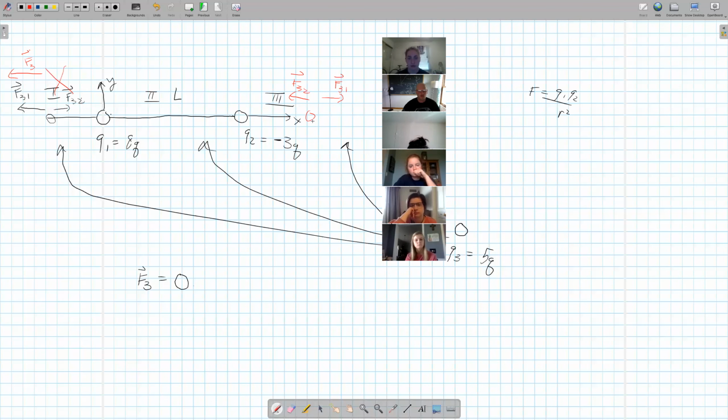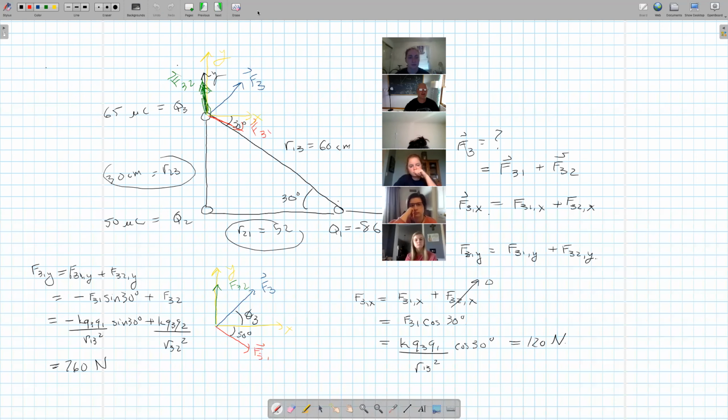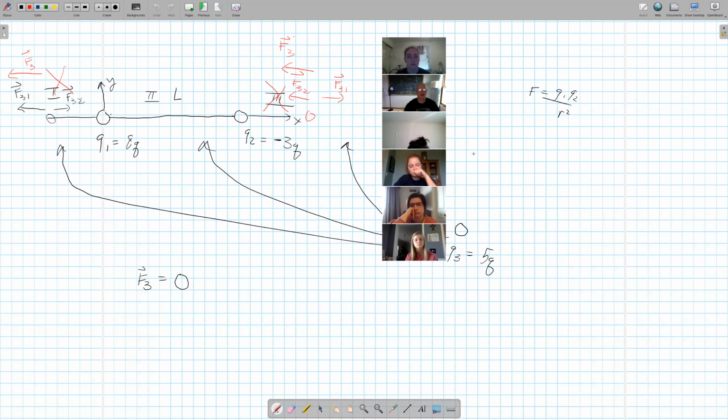So even though the numerator is bigger between these two charges as opposed to these two charges, this distance is so much bigger than this distance that overall that distance is going to be taken into account, which is going to feel an overall force in this direction, which means F3 is going to be pulled in this direction. So ultimately, it can't go in this region either. Because out here, it's going to feel a repulsive force in this direction, oops. Out here, it's going to feel an overall attractive force.